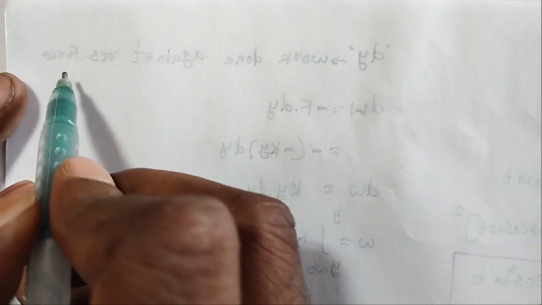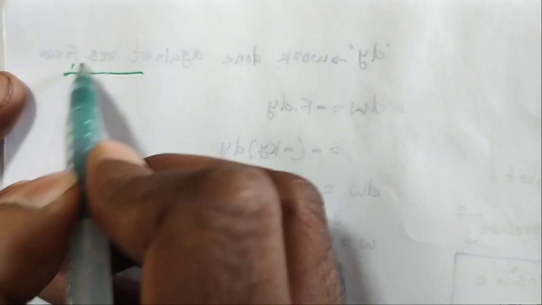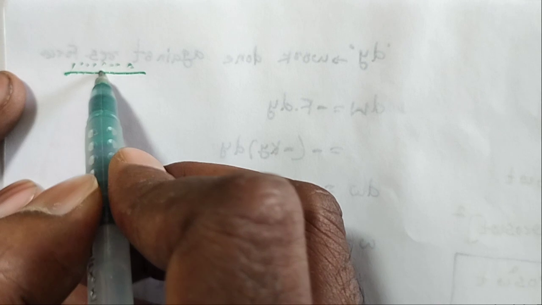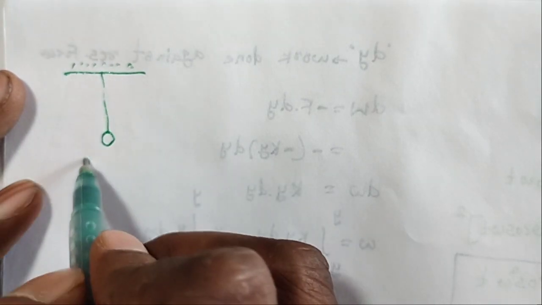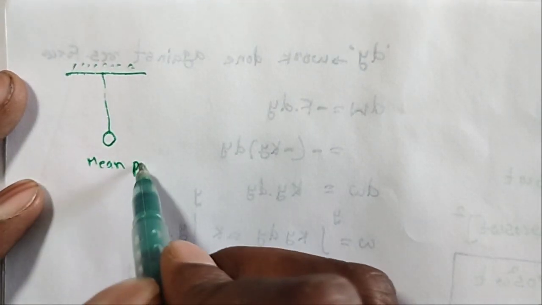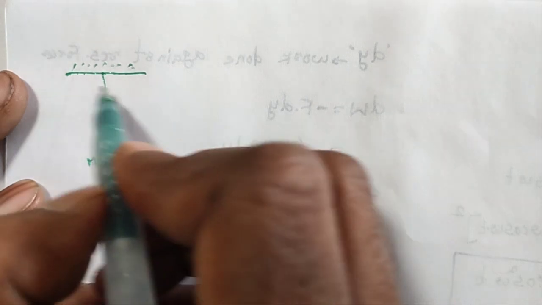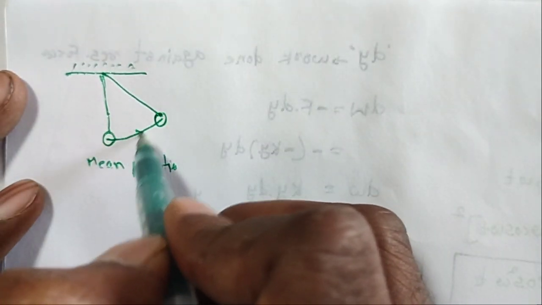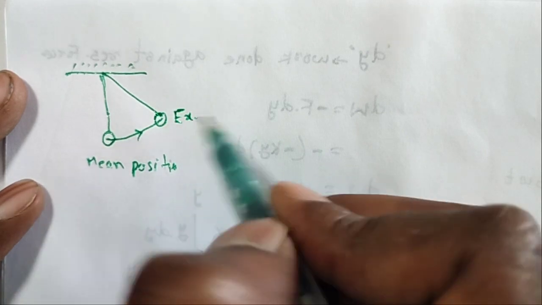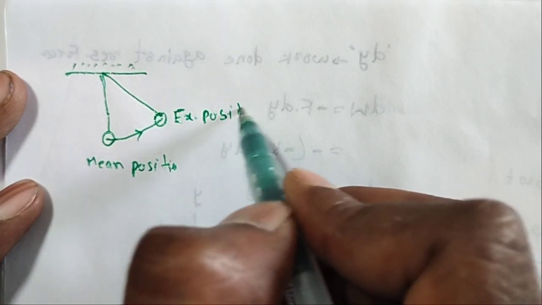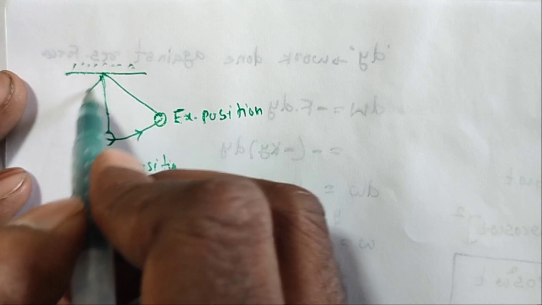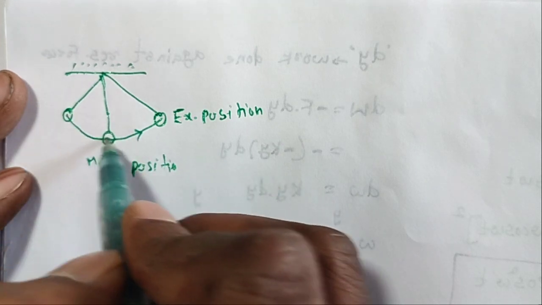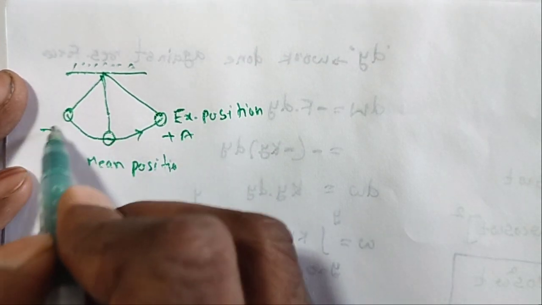Here let us take for example a simple pendulum. This is a simple pendulum. This is the mean position, we know that very well. This simple pendulum is moving to a positive extreme position. There are two extreme positions, one is positive, another is the negative extreme position. One is plus a, another is minus a.